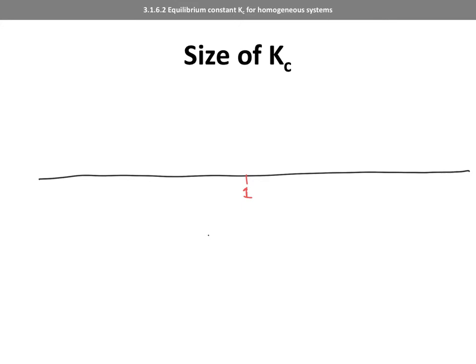If we're thinking that the numerator is essentially the products and the denominator is the reactants, then roughly speaking, because there could be different powers, a Kc of 1 means that the position of equilibrium is approximately in the middle, because the numerator and the denominator are essentially the same size.